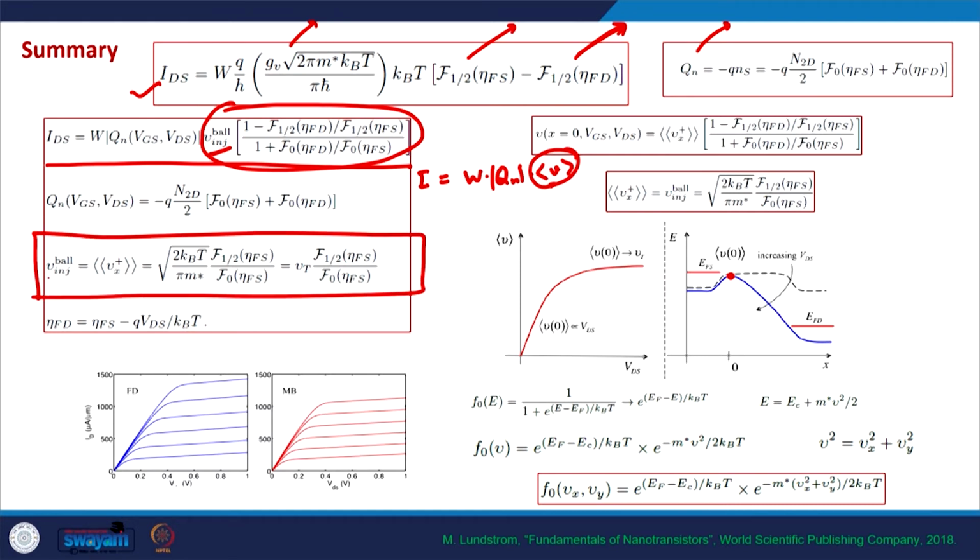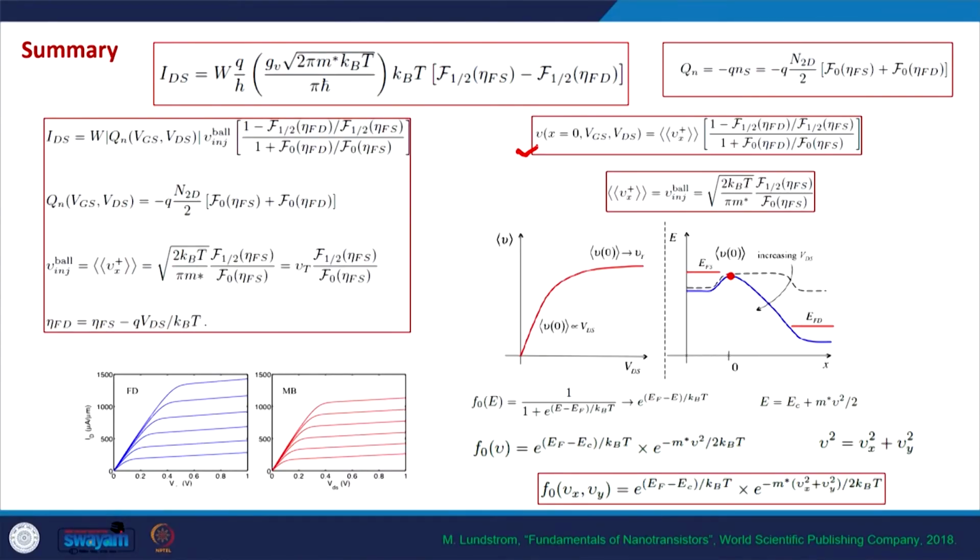All of them involve Fermi-Dirac integrals, which are quite complex mathematical objects, but there is a way out for us: for non-degenerate semiconductors, these Fermi-Dirac integrals are simplified to a great extent by their exponentials.